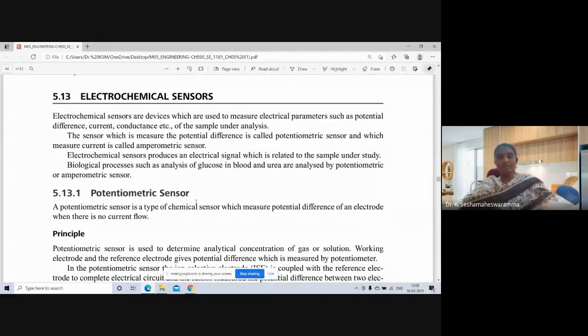The best example of sensors, an easy way: if you go to 5-star hotels, the lights will be on automatically whenever we enter the room, sensing our temperature difference. When we come out, the lights will be off.